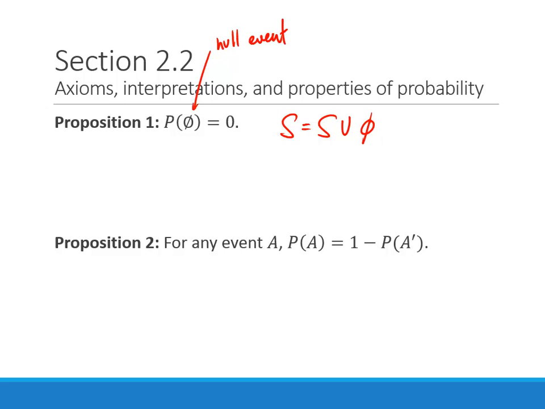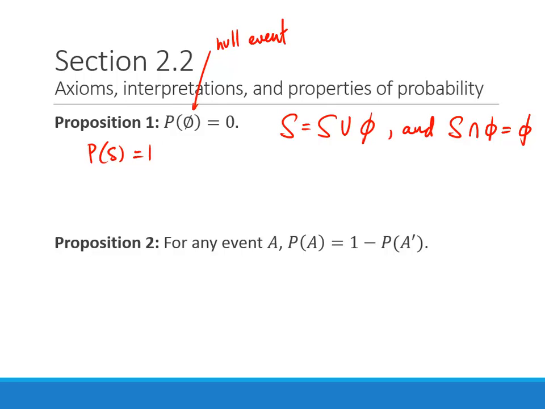Remember, the null event has nothing in it, so if we take the union of anything with the null event, we just get back the same thing. And also, the sample space intersected with the null event is equal to the null event. When you take the sample space and intersect it with something that has nothing in it, you'll get something that has nothing in it.